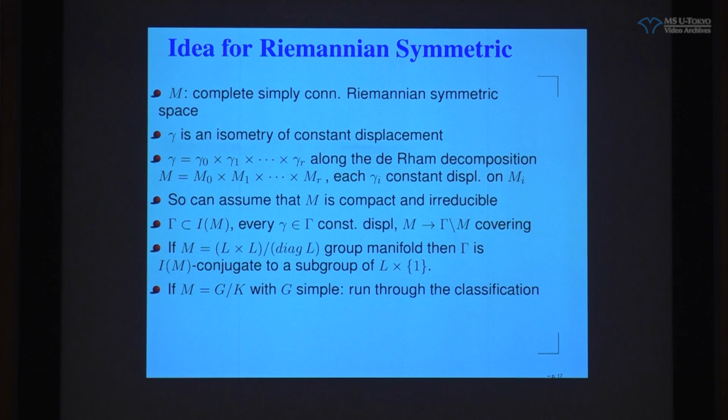So that doesn't work. So the group gamma would be reduced to having all elements of odd order.